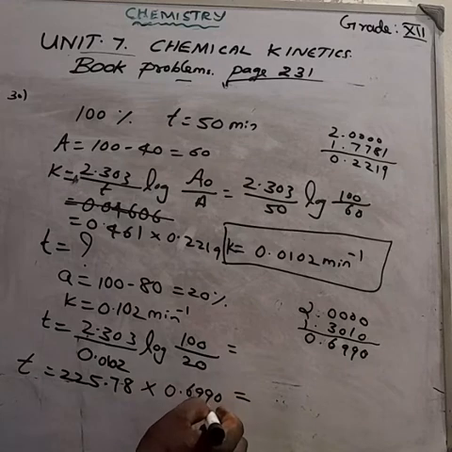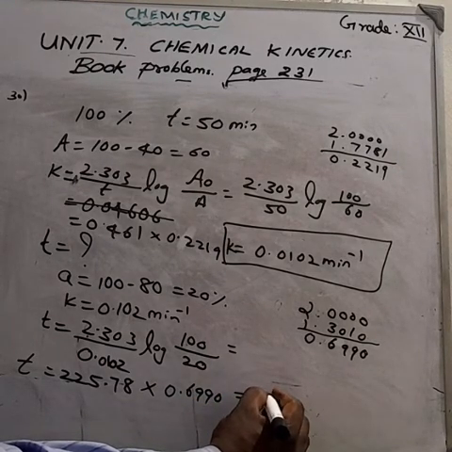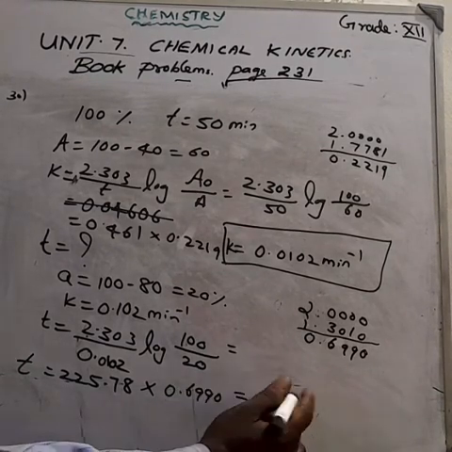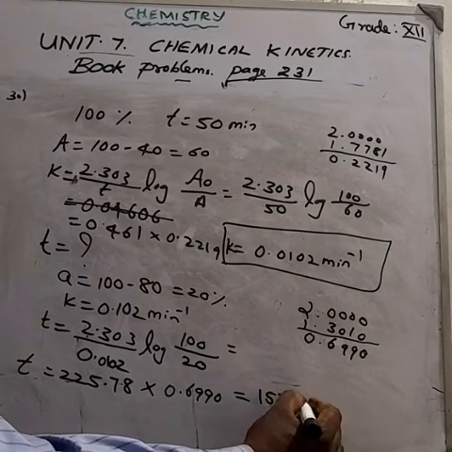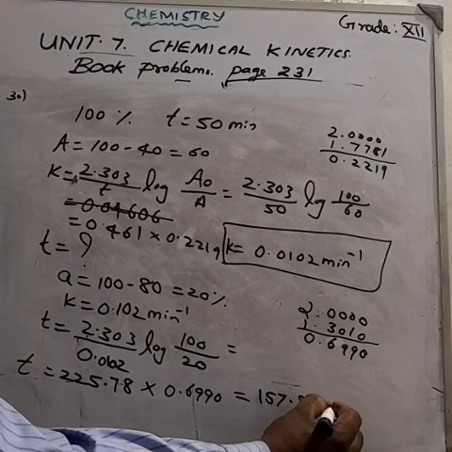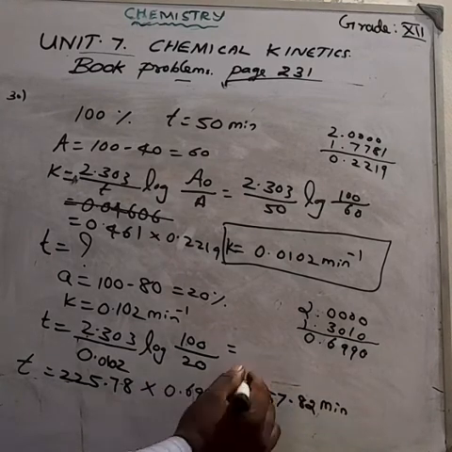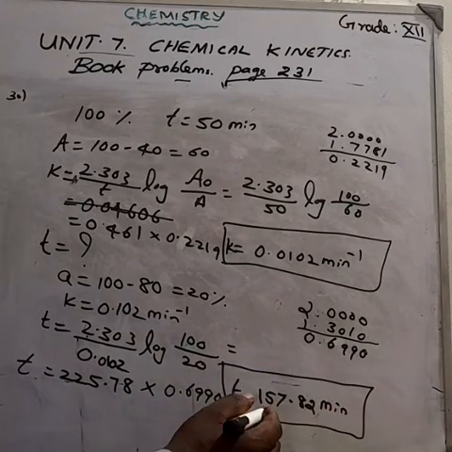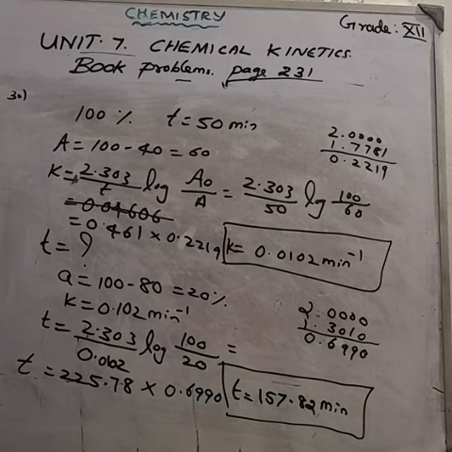T value becomes 157.82 minutes. The time at which the reaction would be 80% complete is 157.82 minutes. Okay. These are some book back problems.